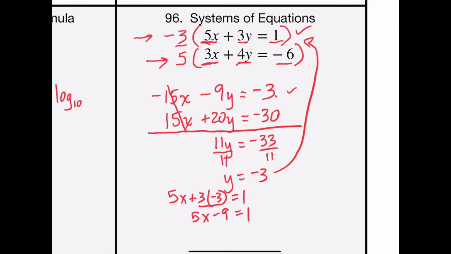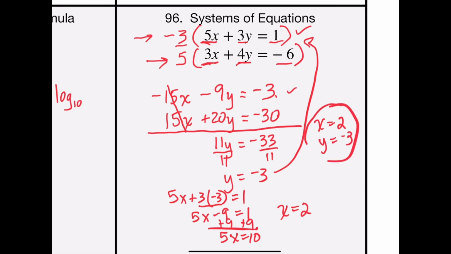And now I just have a two-step. I'm going to add 9 to both sides, so 5x would equal 10. Going to divide both sides by 5, and I would find out that x equals 2. So the system would be solved, x equals 2 and y equals negative 3.